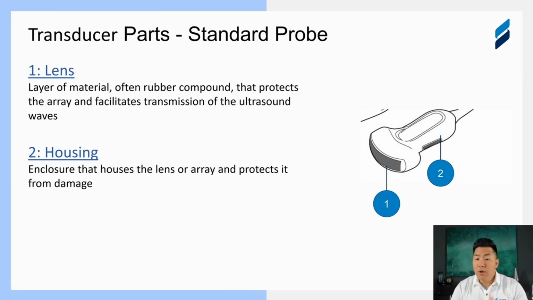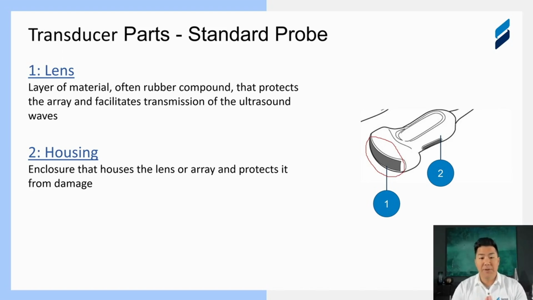Okay, here we're going to talk about section number 1. This is the lens of a transducer. You can see number 1 here, the gray area that I'm circling. This is what they call the lens. This is the rubber that is in between the crystal and the patient that's being scanned.